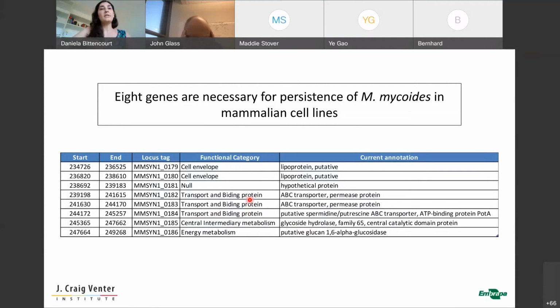This gene here, 183, is a maltose ABC transporter. And recently it was shown that this gene is also responsible for the persistence of Mycoplasma gallisepticum in infected birds. So this showed us that we were going in the right direction.